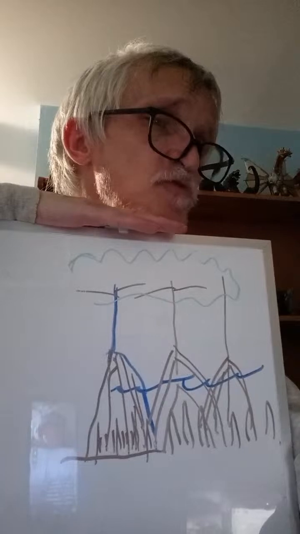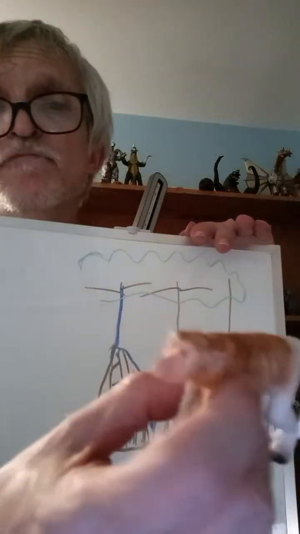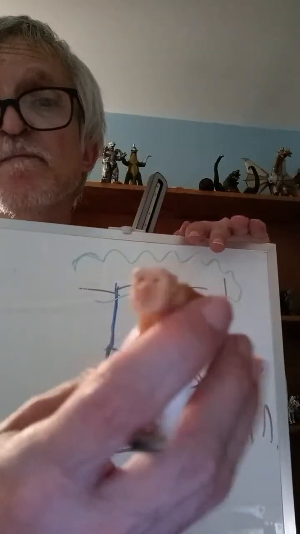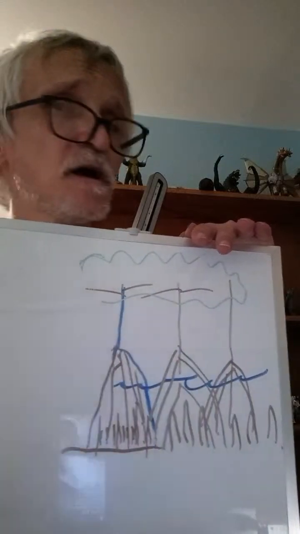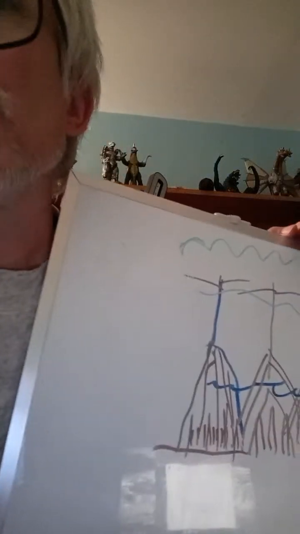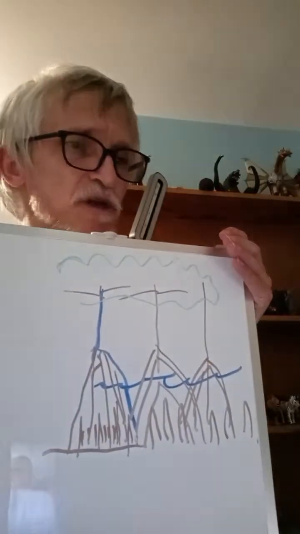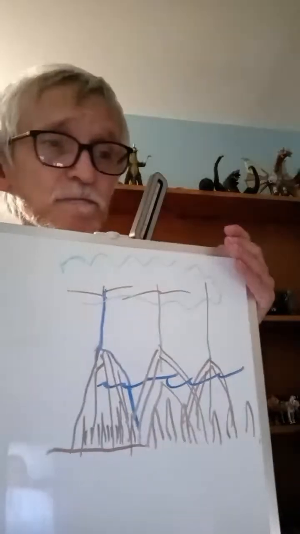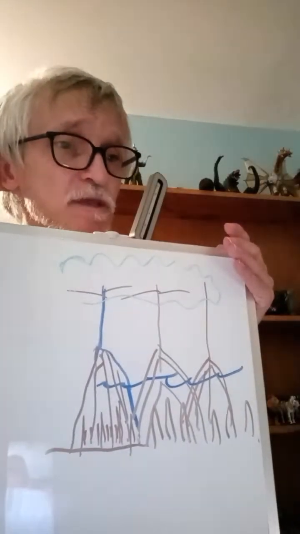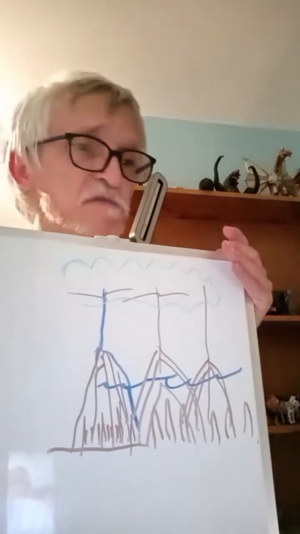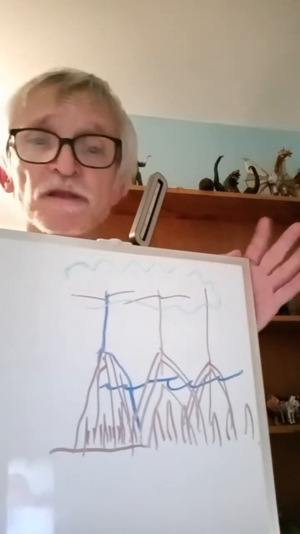Another animal that lives within the mangroves is the proboscis monkey. Now, they do eat other foods, but if conditions are bad or scarce, they will feed on the leaves and the fruits of the mangroves.